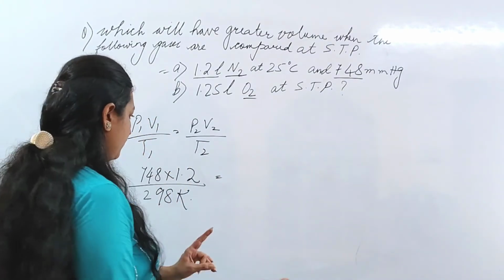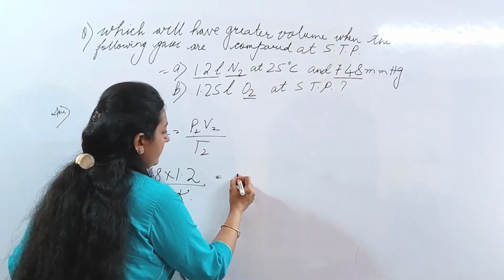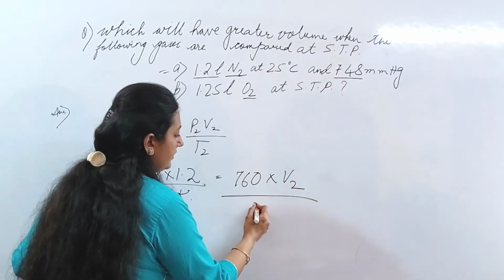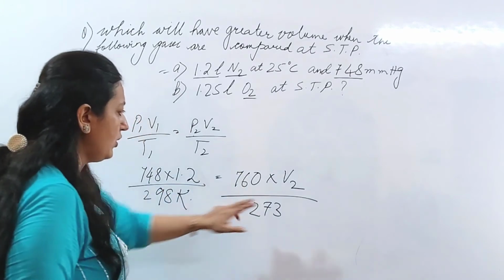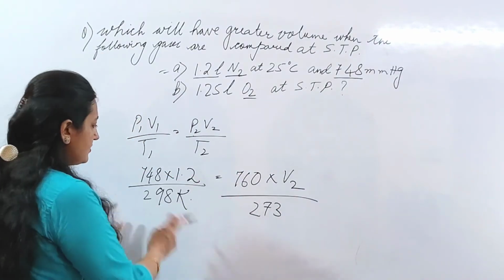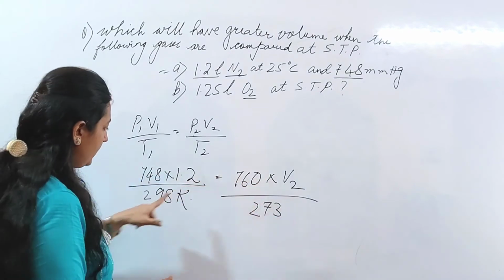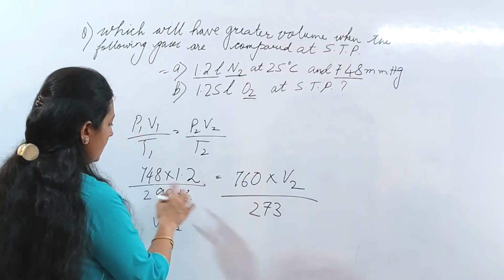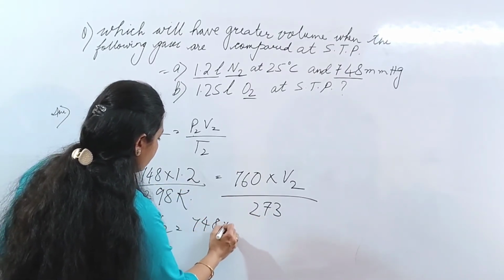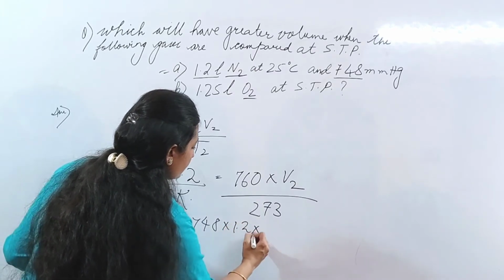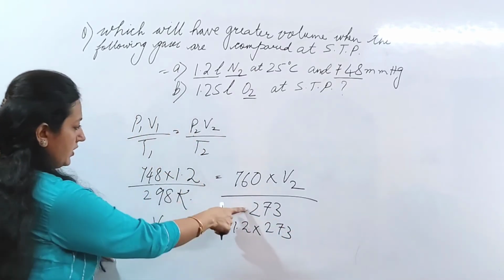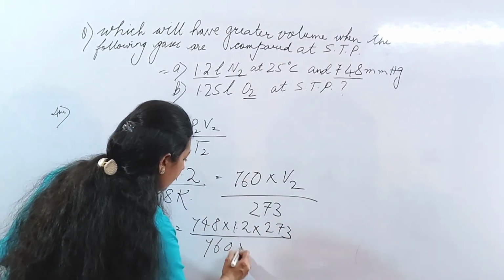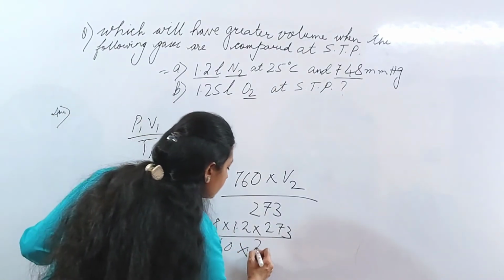Now this has to be compared with what? At standard pressure temperature, volume at standard pressure temperature. What is standard pressure? It's 760 mmHg. At this standard pressure and the standard temperature, which is 273 Kelvin, you have to find out the volume. So on solving this, you get 760 into V2 into 298 is equal to this. And so directly we write V2 is equal to 748 into 1.2 into 273, okay, divided by 760 into 298.